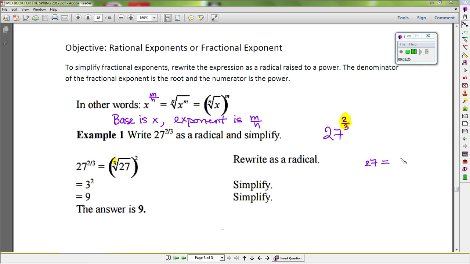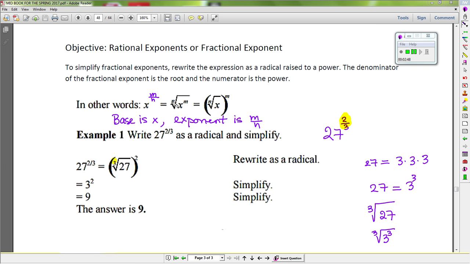And the next one, here, if we write 27 as a prime factor, it will be 3 times 3 times 3. Right? So 27 is 3 to the power 3. So if I have the root 3 of 27, this will be the same thing as the root 3 of 3 to the power 3. Now think about how we can go backward.